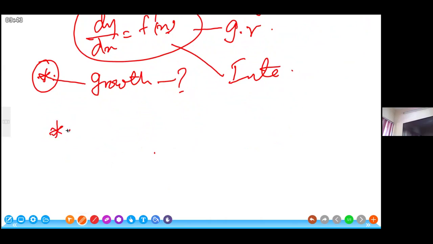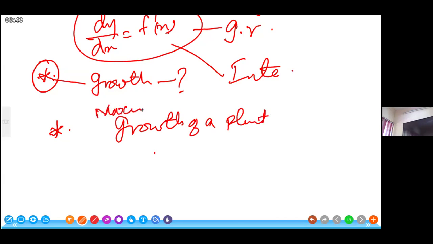Now let's say I ask you to find out the maximum growth of a plant. Because here I have two functions now.